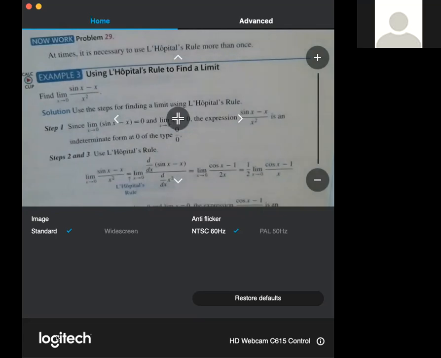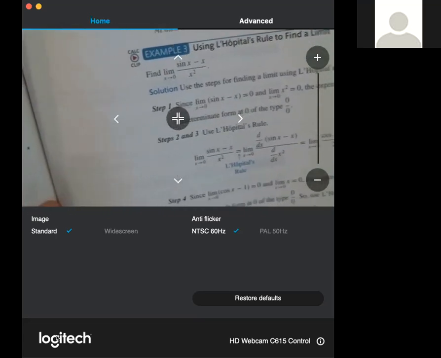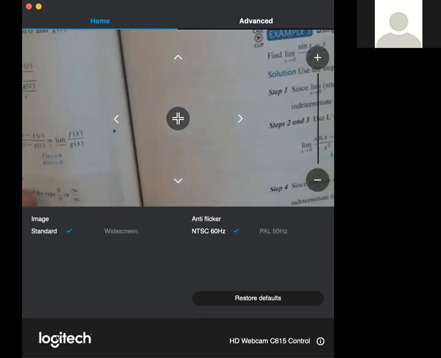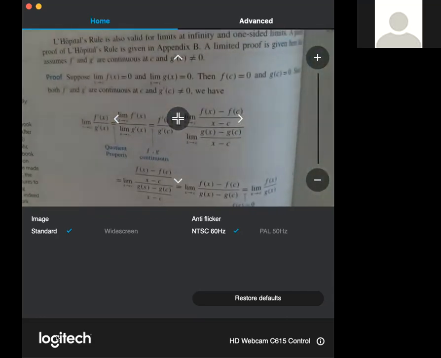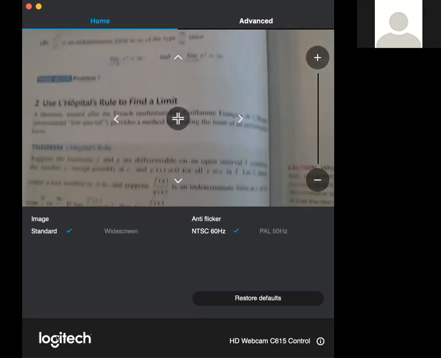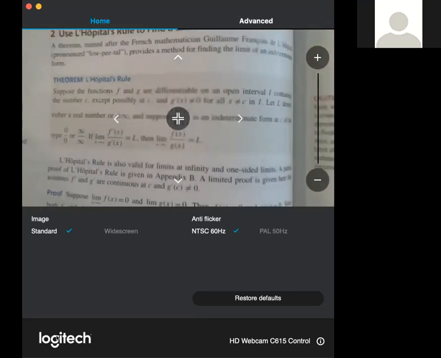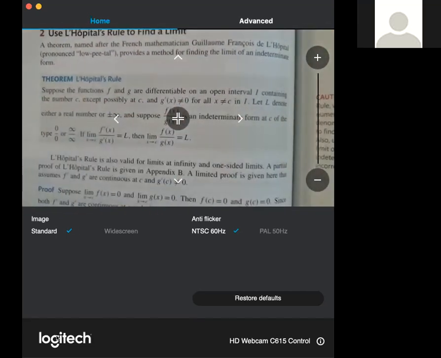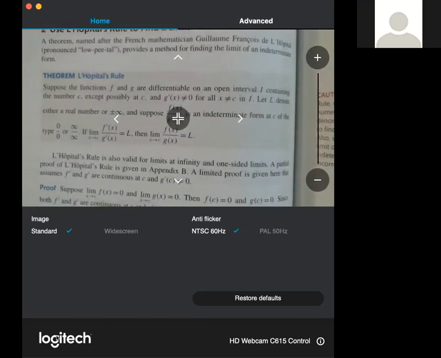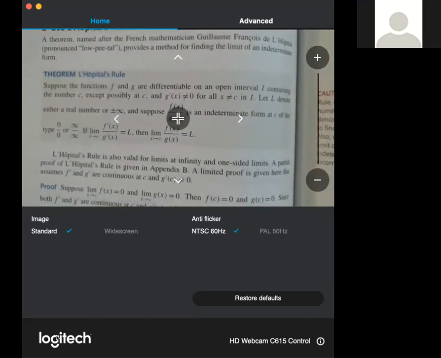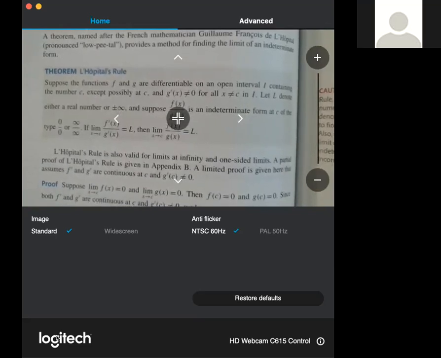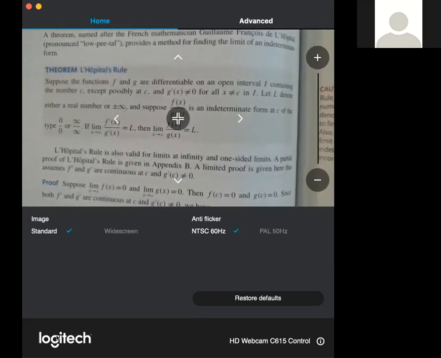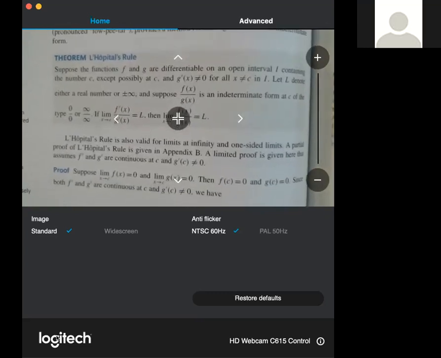Which is a special kind of situation, which says this. Now, this is kind of wordy and a little backwards in wording, I think. But the idea is that if you've got a rational function and you're taking the limit as it goes to some value c, then if you get 0 over 0, or where's it going?